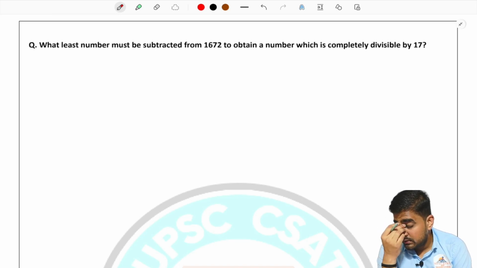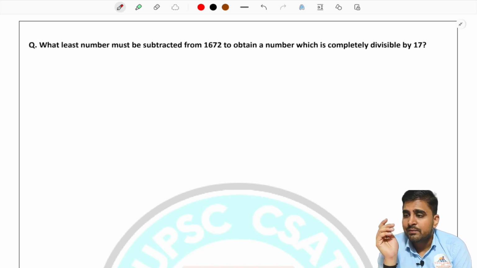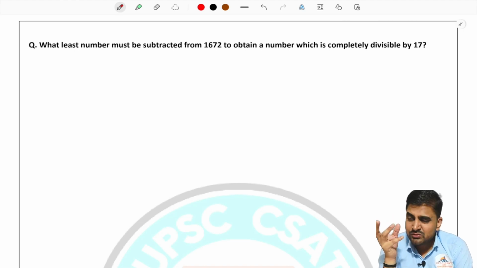Then he will ask what the least possible addition or subtraction should be so that it divides completely. Or they will give a missing number, like 1672, though it might be a big number, and ask what the least value should be, like we attempted earlier. That's the same concept. You have to just divide the number.